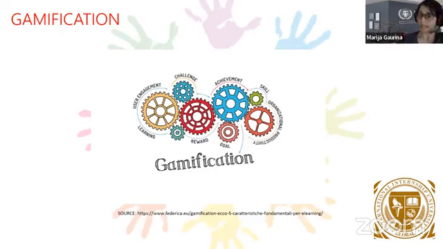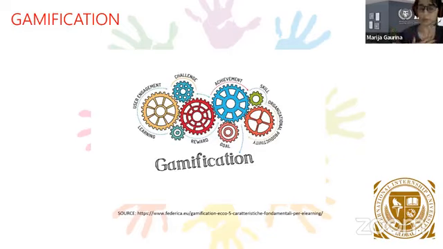So gamification is a teaching approach, technique, if you want to call it so, that involves using game elements and designs to enhance the learning experience and motivation of students.